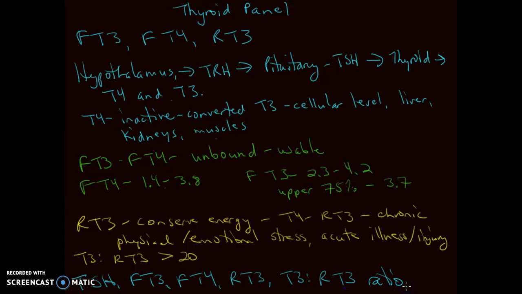This will give you a better picture of what's going on between your thyroid gland and your cells, because sometimes our symptoms are not necessarily because we're not producing enough thyroid stimulating hormone or enough T3 or T4, but maybe there's something going on with the conversion between T4 and T3, and we want to see what that is.